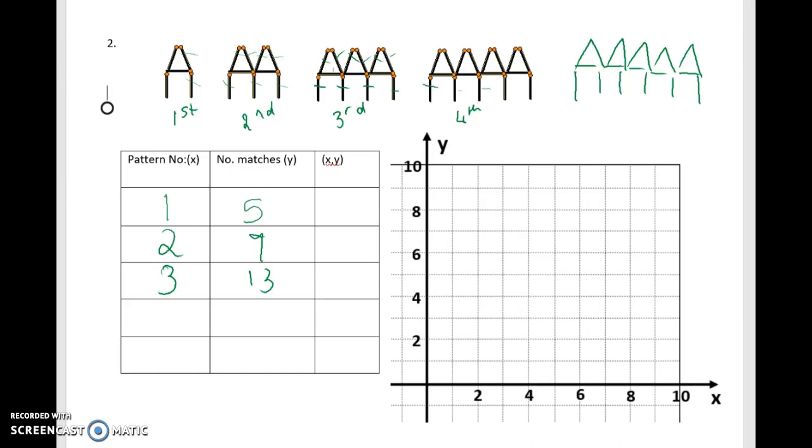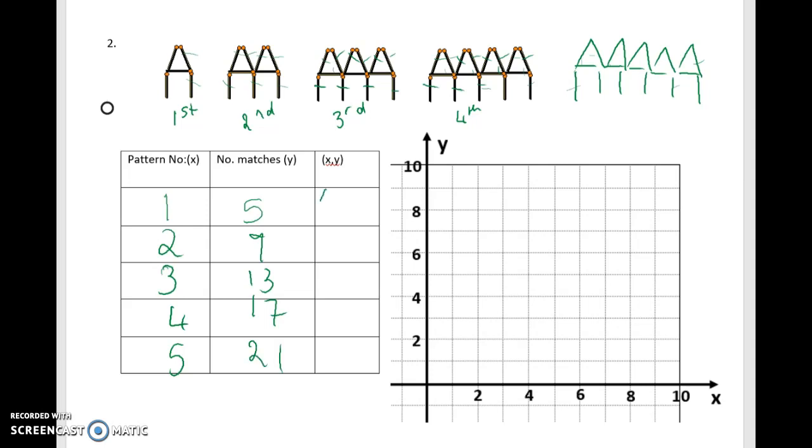And for my fourth pattern, I've got 17. And the one I drew, I've got 1, 2, 3, 4, 5, 6, 7, 8, 9, 10, 11, 12, 13, 14, 15, 16, 17, 18, 19, 20, 21.